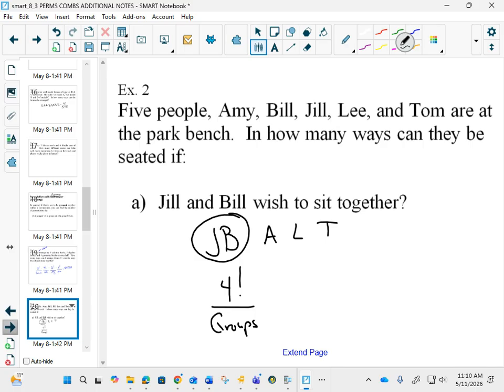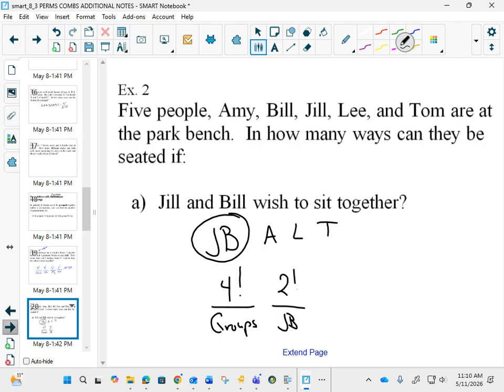But in a grouping question, the next decision you look at is how many ways each of the groups can be arranged. The Jill Bill could be holding right hand, left hand, or they could be holding left hand, right hand. There's actually 2 factorial ways of rearranging the Jill Bill. Amy, Lee, and Tom, you could draw spaces for them and put 1 factorials in there.